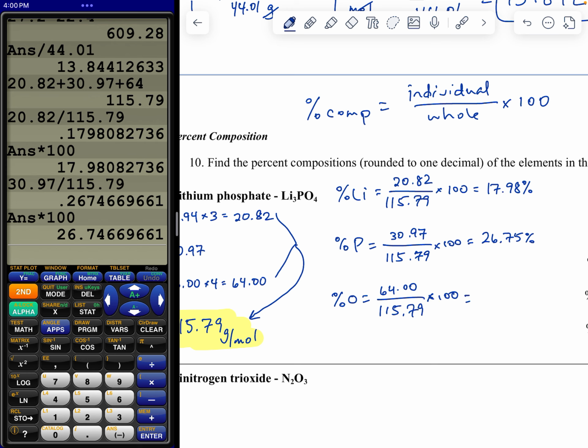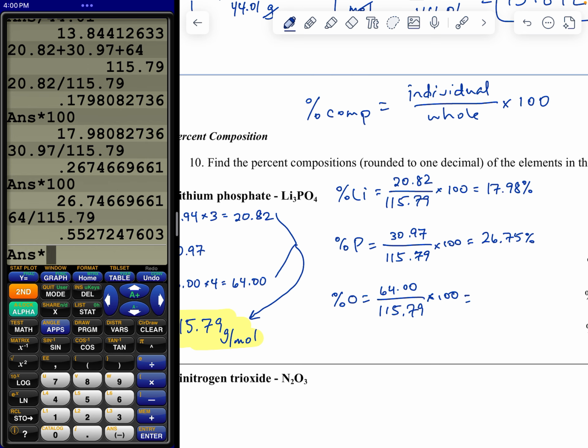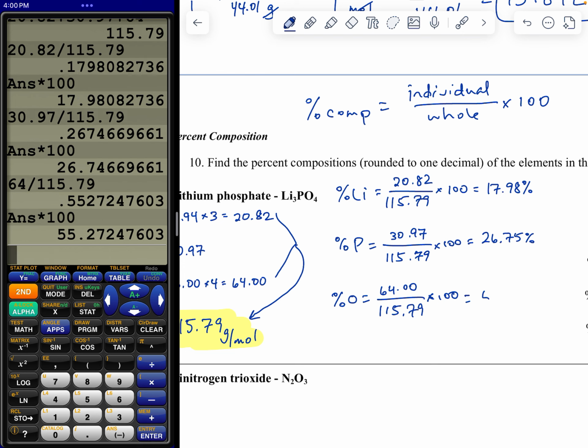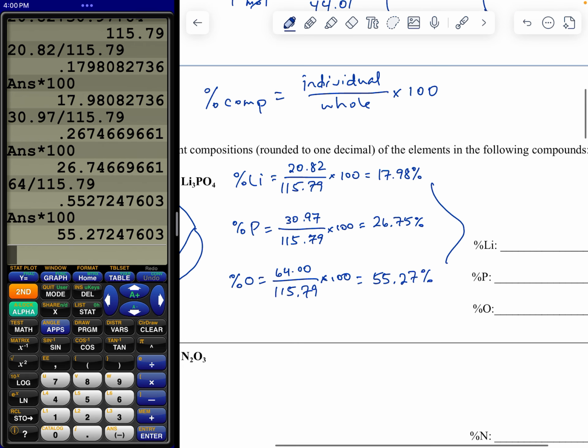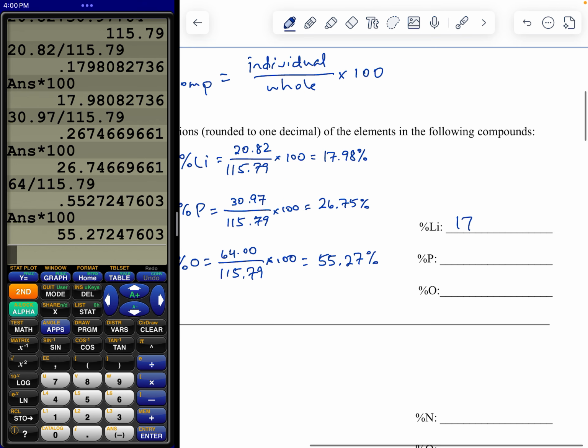And you should end up with 64 divided by 115.79 times 100, and that gives us 55.27 percent. And ideally, if you add all those up together, you should end up with 100% anyway. So that's a way that you can check your work, but there my percentages go.